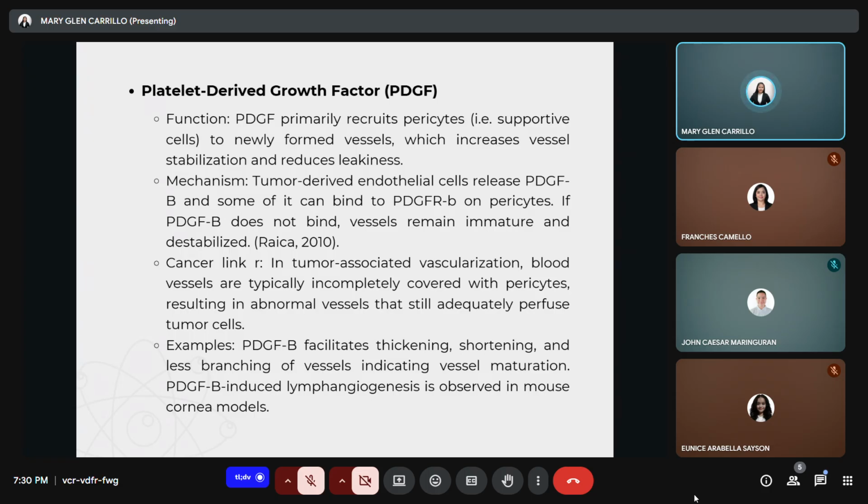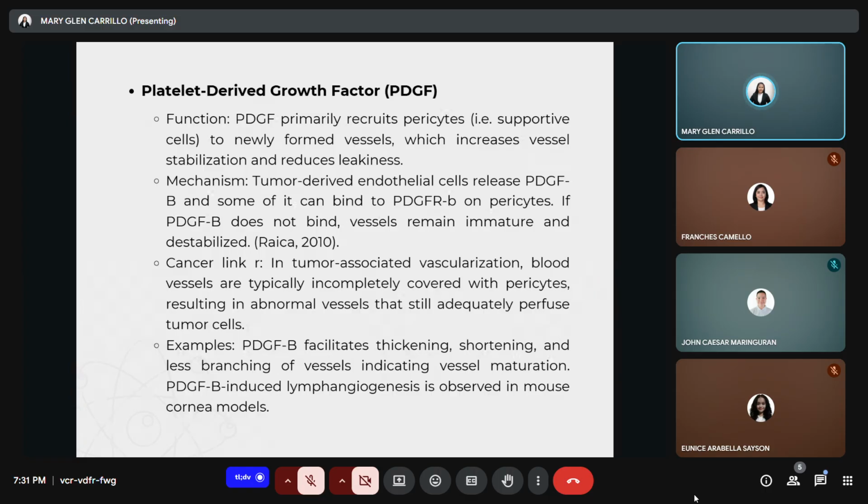When we say pericytes, these are the supportive cells that wrap around newly formed blood vessels. Take note of that. Pericytes act like scaffolding around a building. They stabilize the vessel and prevent it from leaking. Without enough pericytes, blood vessels stay immature and fragile.